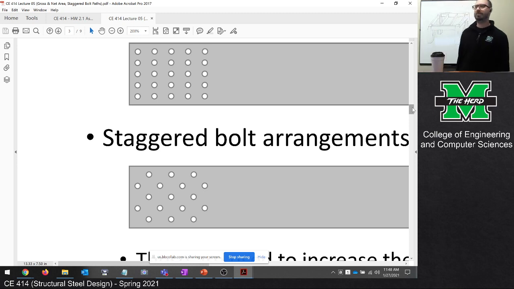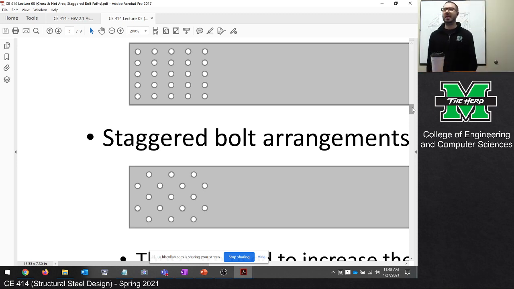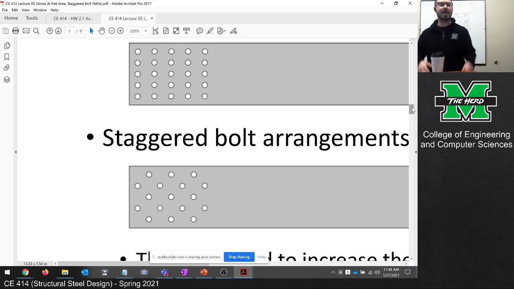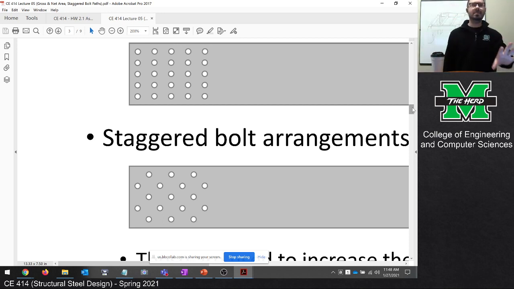By arranging the bolts in this fashion, we increase the area. Mr. Rick said it's less holes cut out. That doesn't necessarily translate. I mean, admittedly, my schematic is probably not drawn to the accuracy it should be. What I mean by that is this: when we design bolted connections, we'll look at the strength of a single bolt.